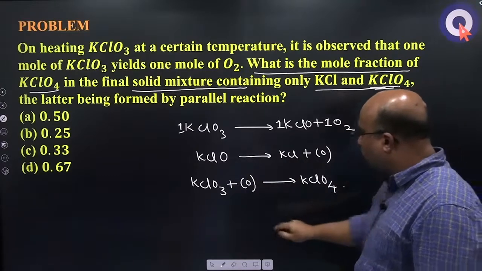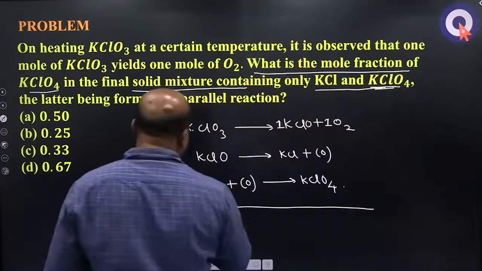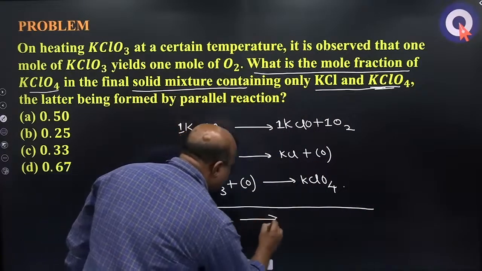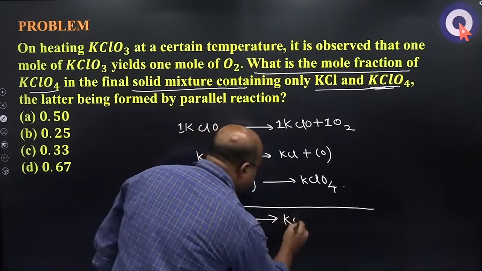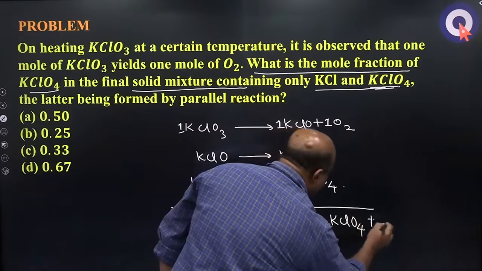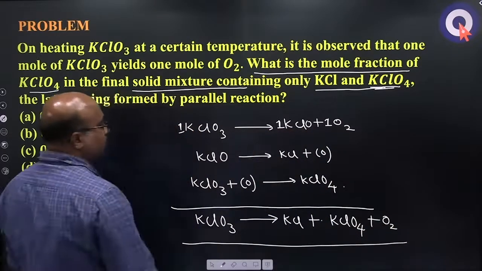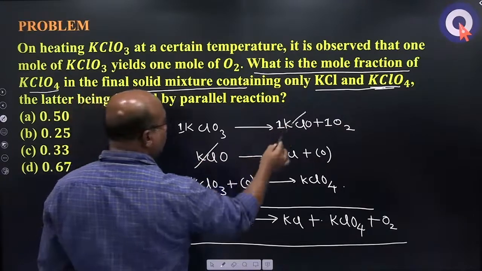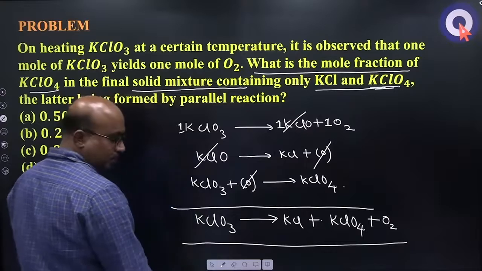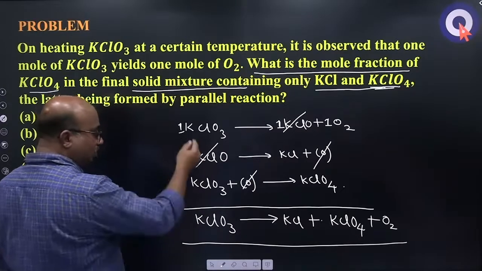So finally what you may be left with, you will see only KClO3 converting into KCl plus KClO4 plus O2, because this KClO cancels, O cancels. Clear? So finally you may be getting this.